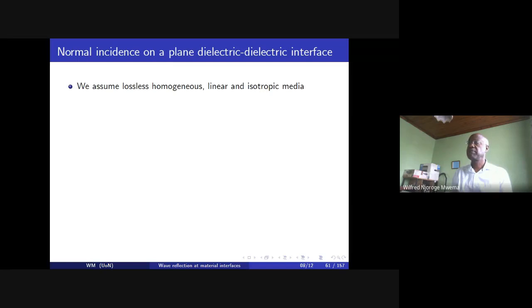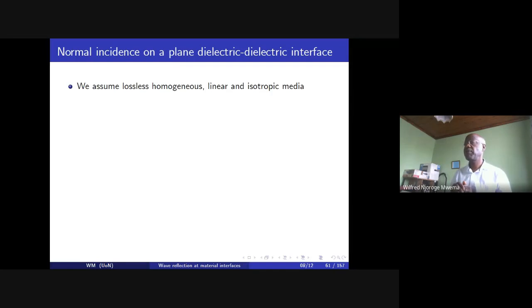But I thought it was more prudent for us to look at this in steps, media per media, so that we can appreciate what it is we are doing. And therefore, the following discussion will be exactly the same as the other discussion we had, only that now sigma for the two media is going to be 0, so to speak.